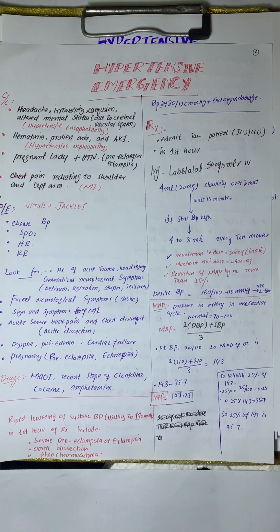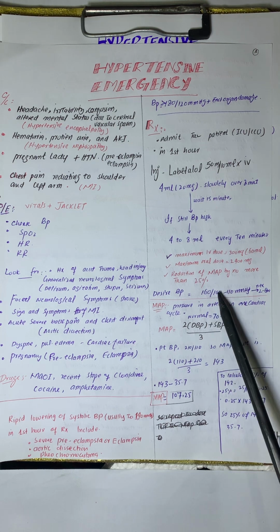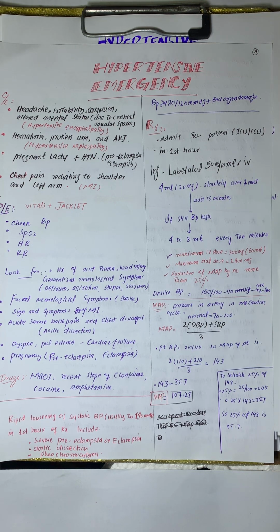But once again, must remember, in the first hour reduce mean arterial pressure by up to 25%, and in the next 2 to 6 hours the desired blood pressure will be 160 by 100 mmHg, and reduce to baseline in 24 to 48 hours.